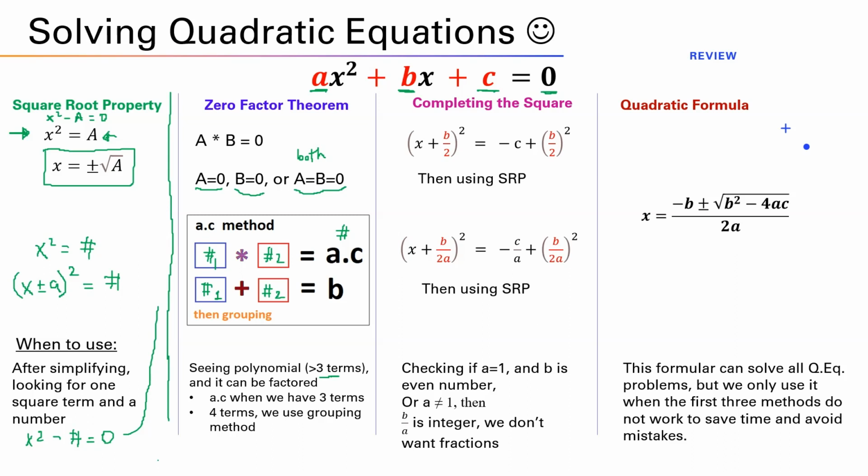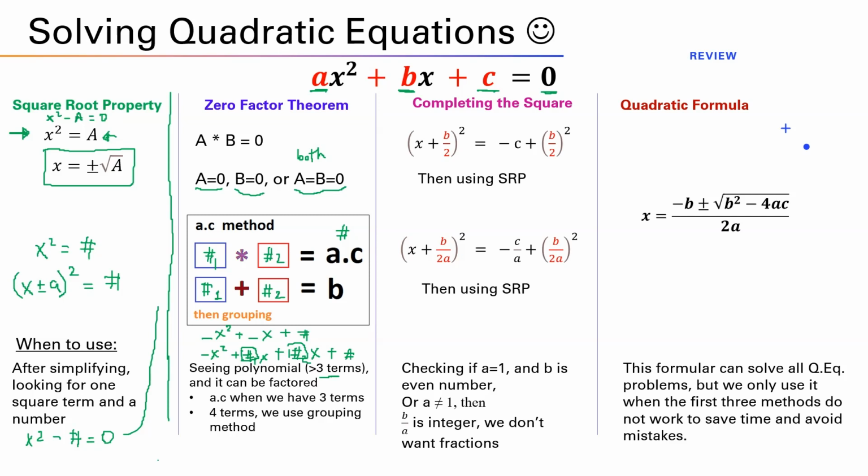Now, the trinomial means 3 terms, like x squared plus or minus some x plus or minus a number, right? It will become x squared plus number 1 times x plus number 2 times x plus that number outside, that's c.